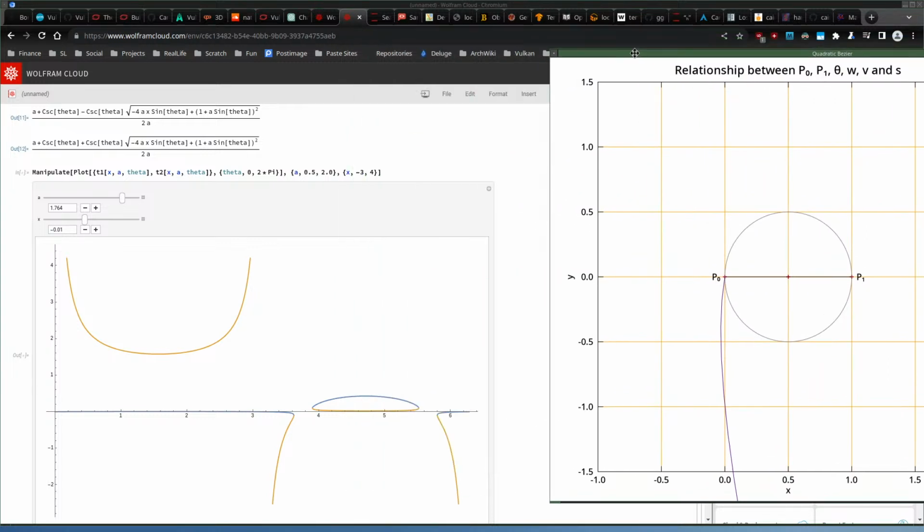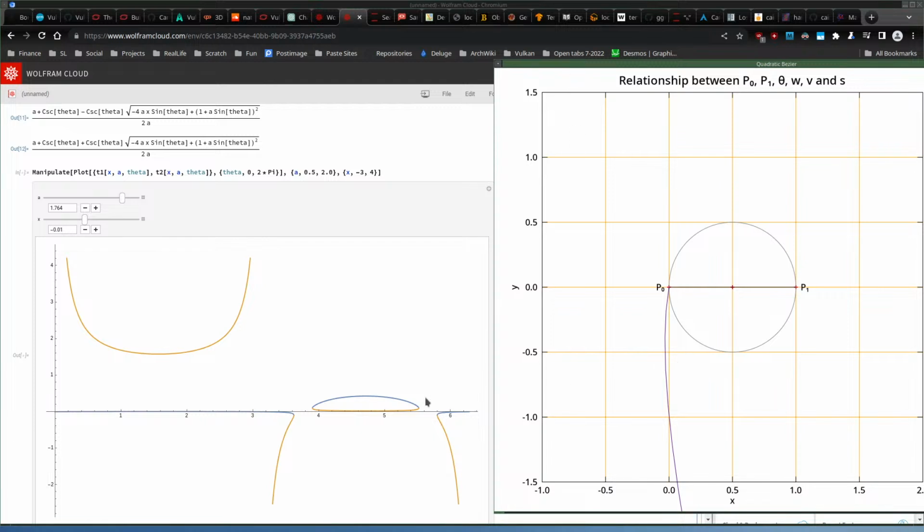And then if we rotate it further to say, well, here, 3.8 radians, then there should be no solution at all. Looks like it.